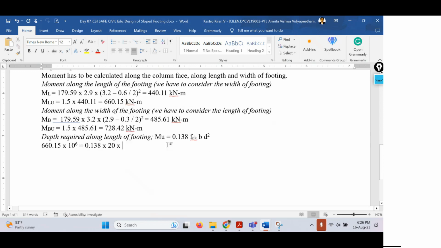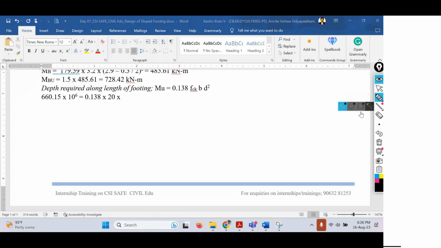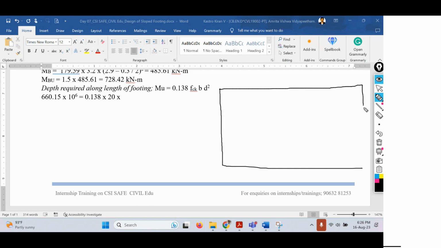In order to get the value of b, we need to understand one particular figure here. Let me draw that. If you see the sloped footing from the top view, it looks something like this. This is the column, and when you see it from the top, since it's a sloped footing, it looks like this.